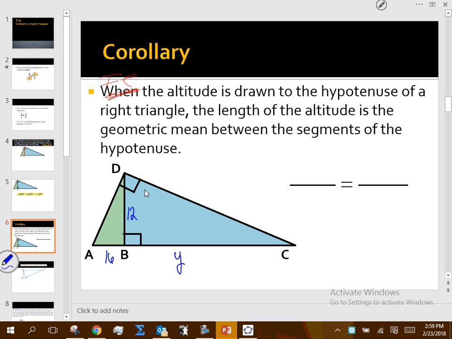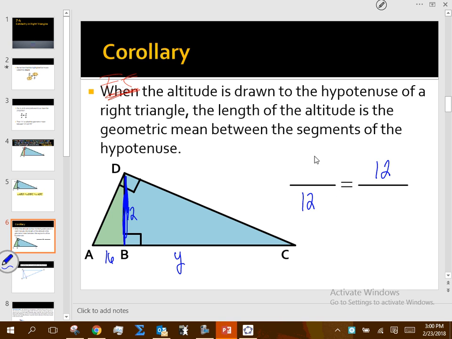And we had to go through the setup of all the ratios, all 9 ratios, to really decipher what the best way to solve for y was. But now with this corollary, we don't have to do that. Because we know there is going to be a ratio, or a proportion, that's going to compare the 12. Okay, it's going to compare the altitude so that it goes in those two spots, right? 12 and 12 go in those two spots. That's the geometric mean, correct?